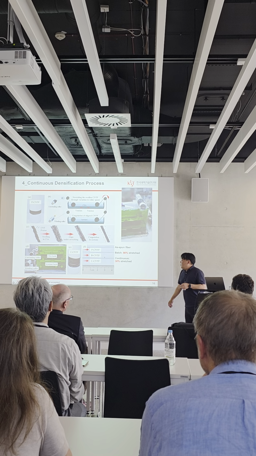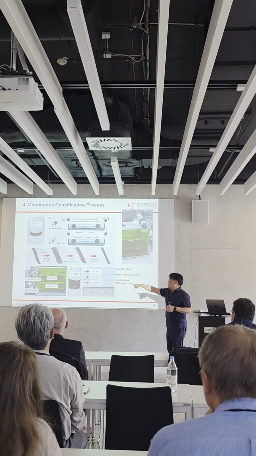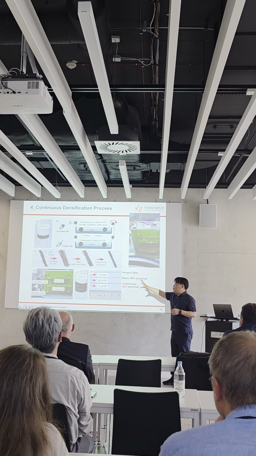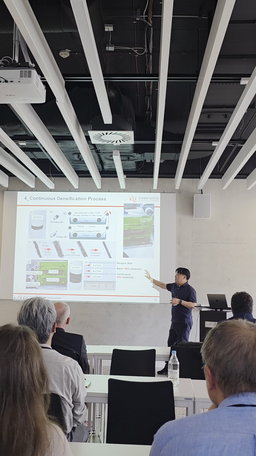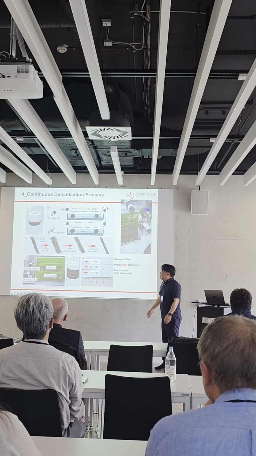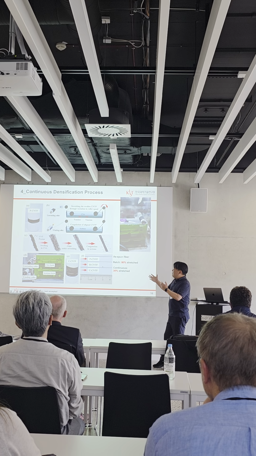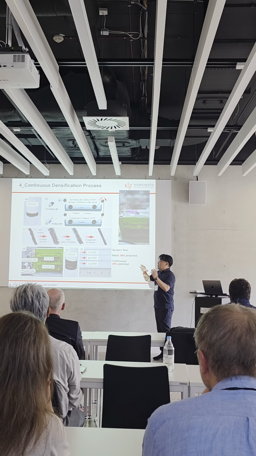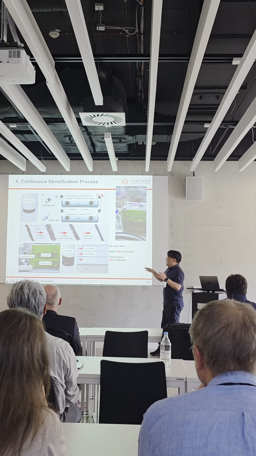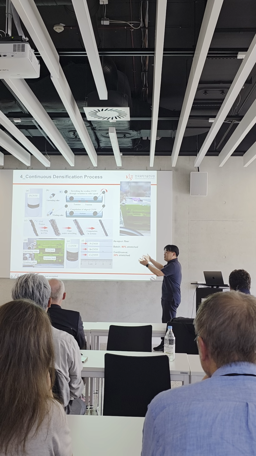So we developed a very small continuous densification equipment, and the CSA is very sensitive to water vapor, so we put this equipment in the glove box to make it as compact as possible.